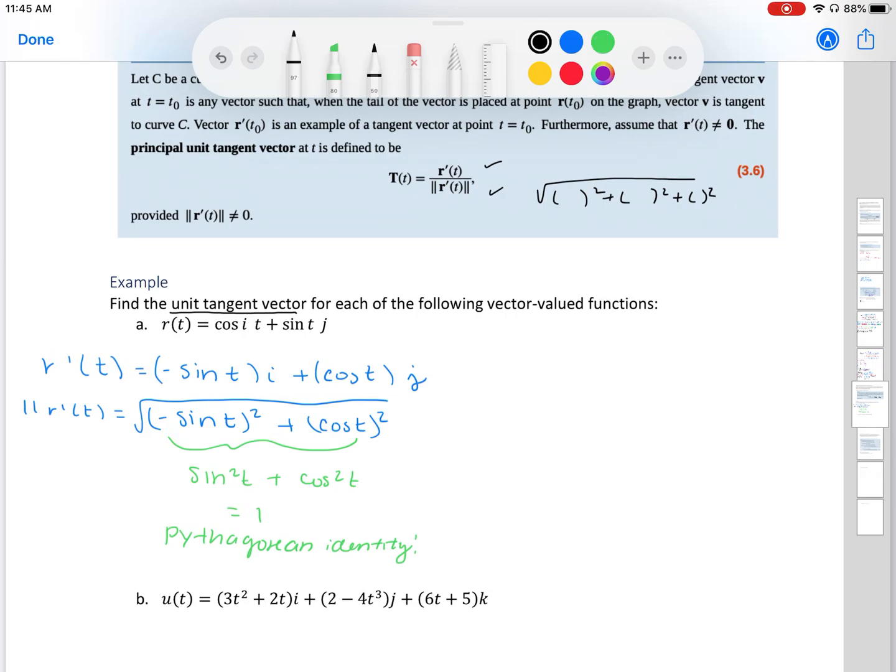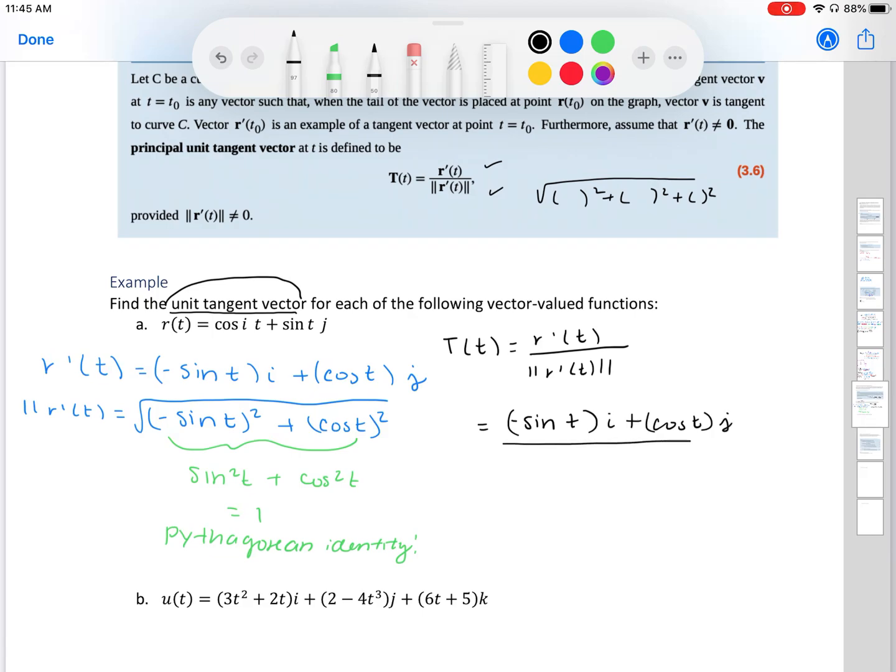Okay, so then to find our unit tangent vector, T of t is equal to r prime of t divided by the magnitude of r prime of t. All right, well, the derivative is negative sine of t i plus cosine of t j divided by, well, we saw that our square root is just the square root of 1, which is just 1.